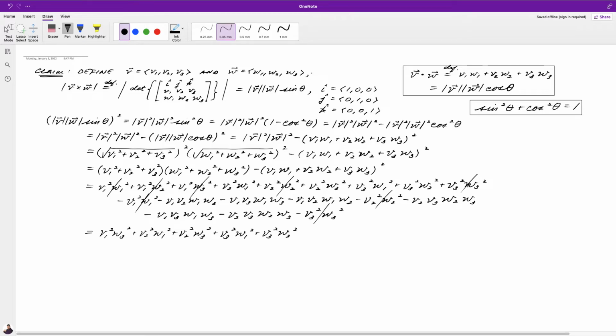Okay, so we've accounted for those terms there. And now we actually have two of these. So it's going to be minus 2v1, v2, w1, w2. So this and this have been accounted for.